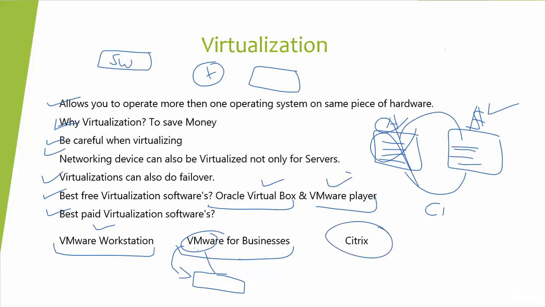So there is a separate certification for VMware if you just want to have a look. And then the other thing is Citrix. Citrix is also virtualizing your desktops, where if you are in Toronto and your main office is in Arizona, you can access your physical machine at Arizona through Citrix, or you can just use one of the virtualized desktops that is assigned to you, and use it for your day-to-day work on your businesses.